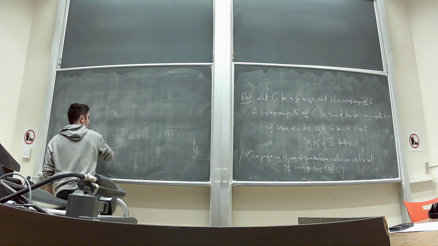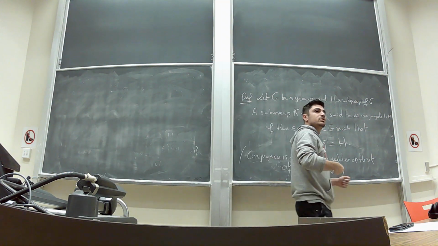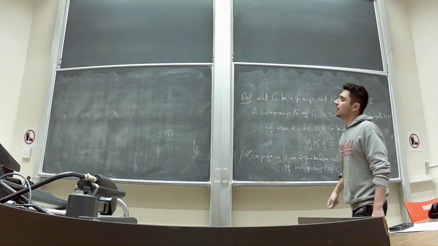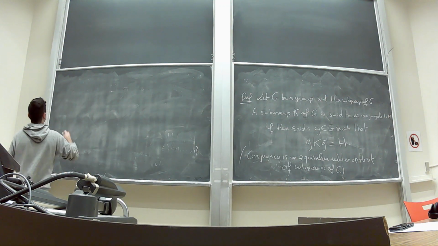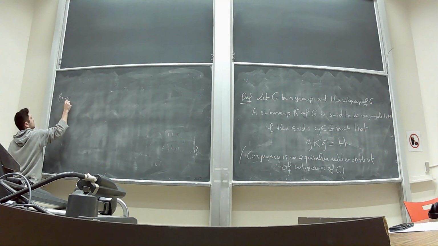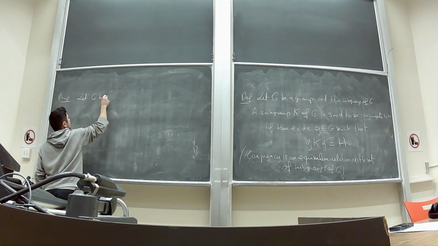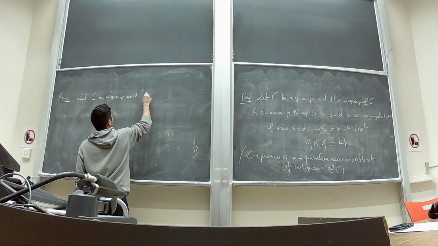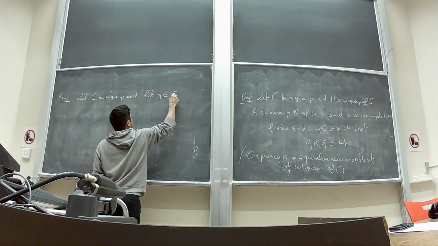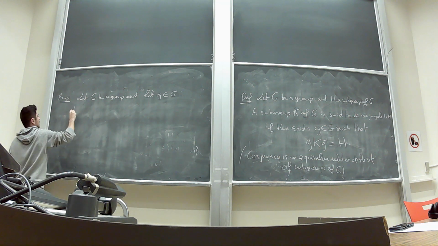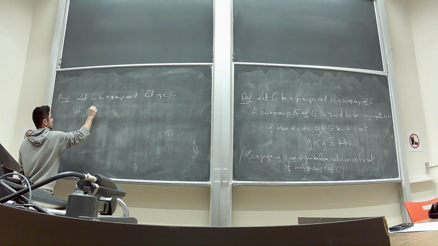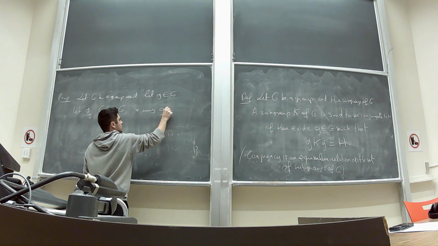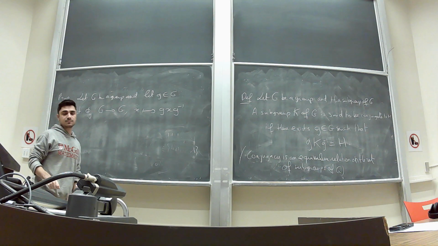Now let me talk about this conjugation business in a more detailed manner. Proposition. Let G be a group and let g be in G. Let phi sub g be the function defined from G to G that sends x to g x g inverse.